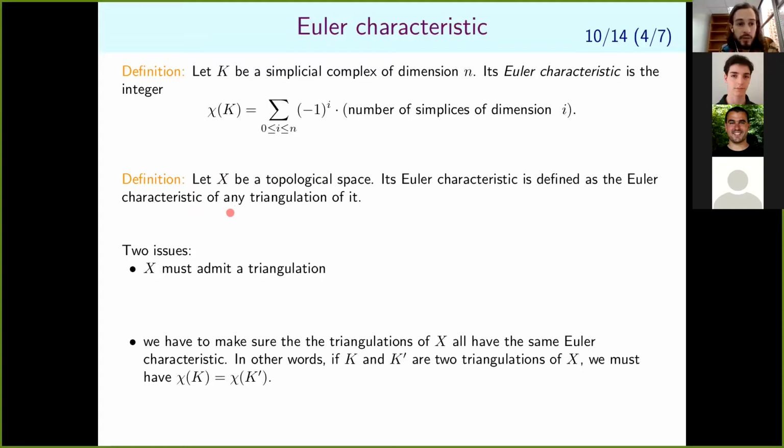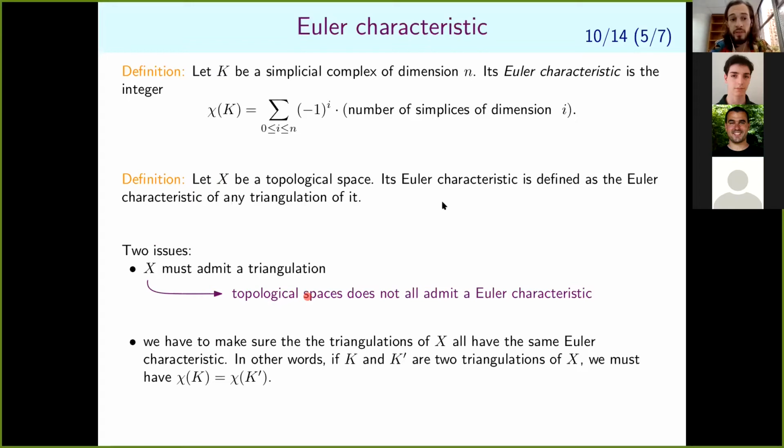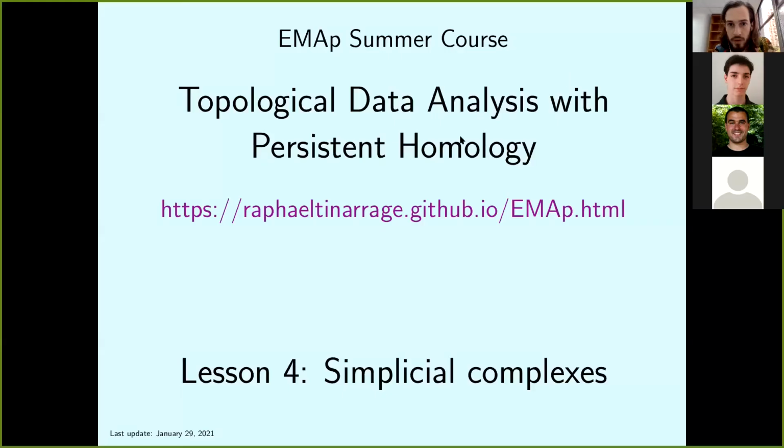First, my topological space must admit a triangulation, because if it has no triangulation, I cannot compute the Euler characteristic. And the answer to this issue is that not all topological spaces admit one.